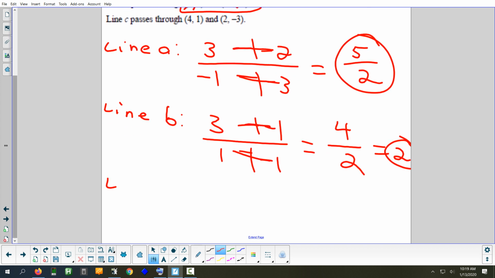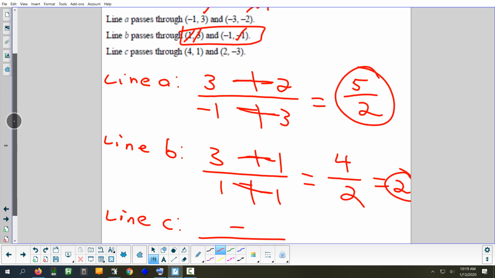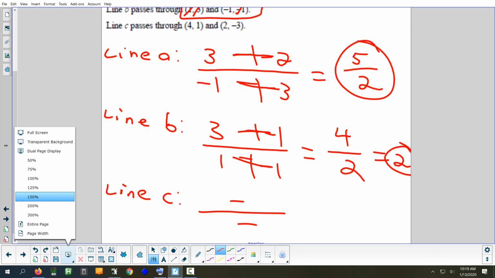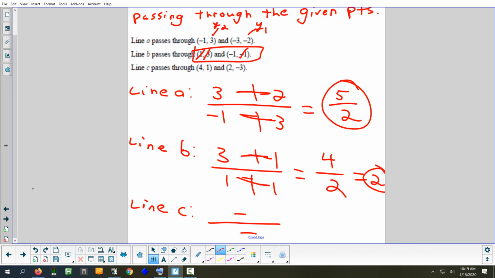And let's do line C, and then we'll do our last question. Okay, so find the slopes. Put the minus in the minus, and now fill it all in. What's going to go in the upper left? 1. Yep, 1, perfect.